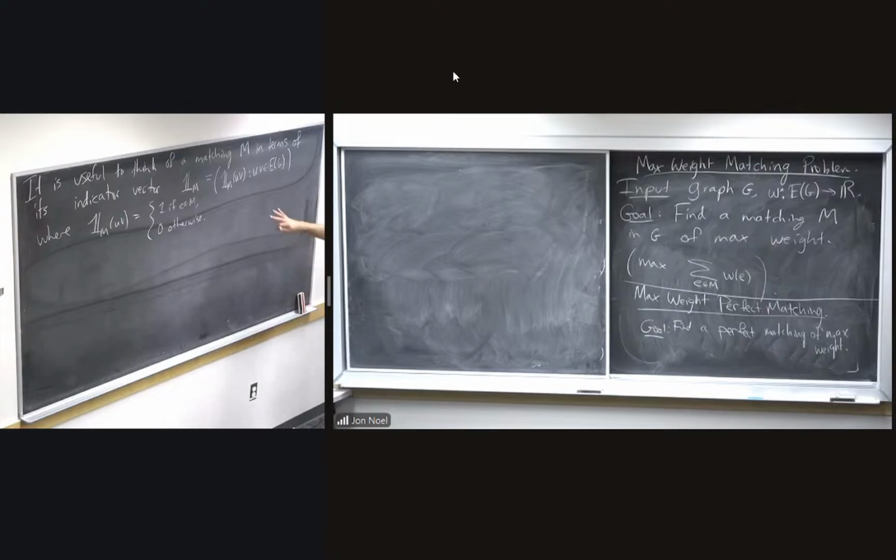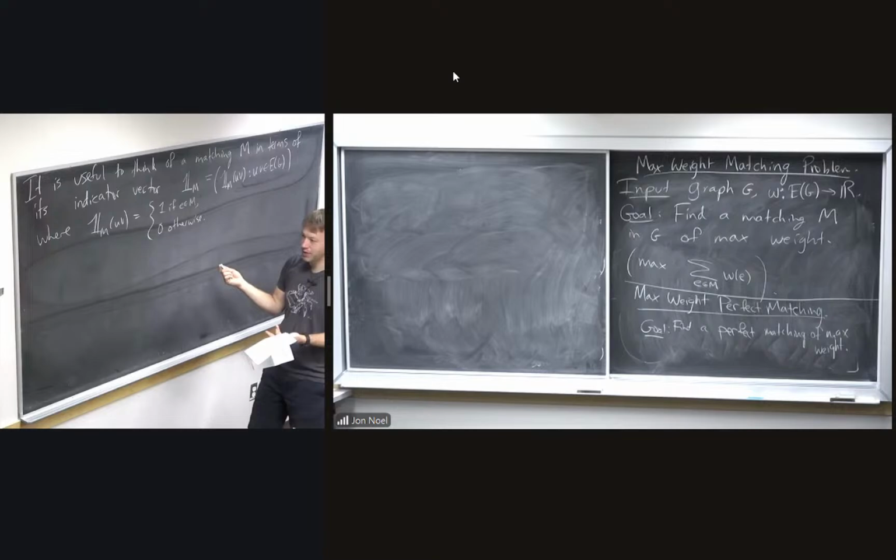This is a vector where, usually you think of coordinates 1, 2, 3 up to something. Here we've got coordinates that are not indexed by numbers, they're indexed by edges of the graph. So every edge corresponds to a coordinate. So what is the maximum weight matching problem?